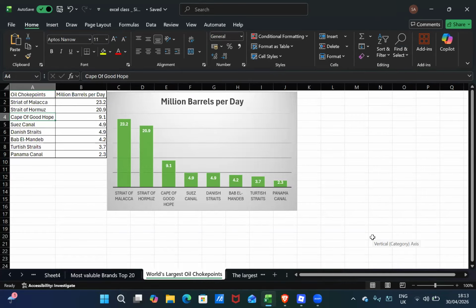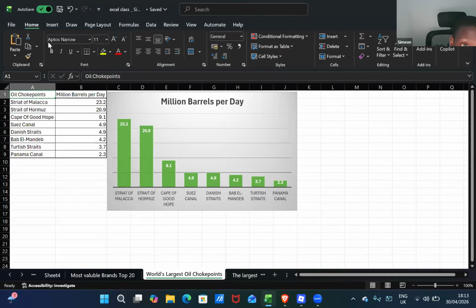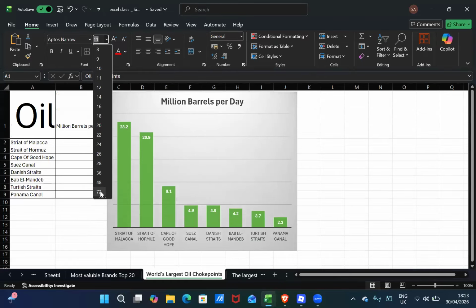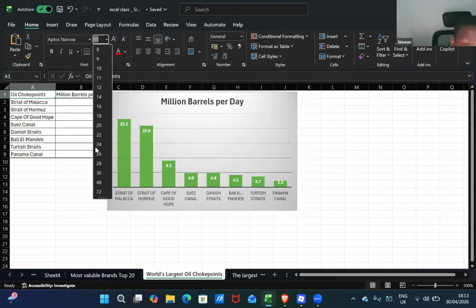I said, how many barrels go through the Strait of Hormuz, the second highest one? 20.9. Good, 20.9. I want you to imagine 20.9 billion being stopped per day. Can you imagine how many countries will be affected by that? Billions. Yes, a lot.